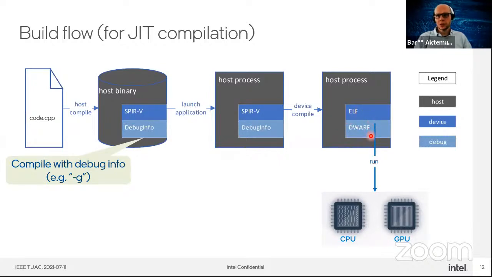And those instructions are then offloaded to a CPU or GPU, whatever target the programmer picked, and they are executed there. So from the debugging point of view, it's this ELF and DWARF that allows us to map the machine code back to the source code.